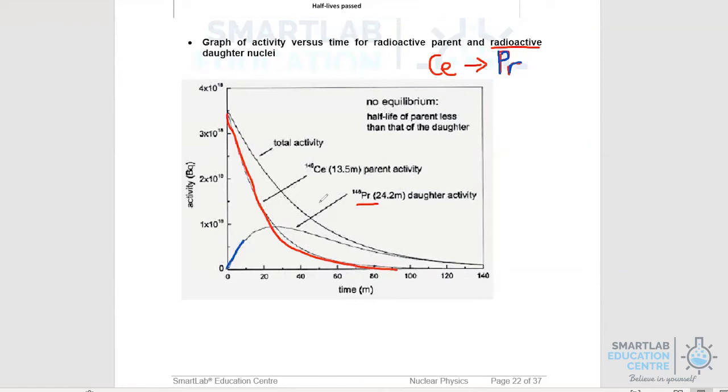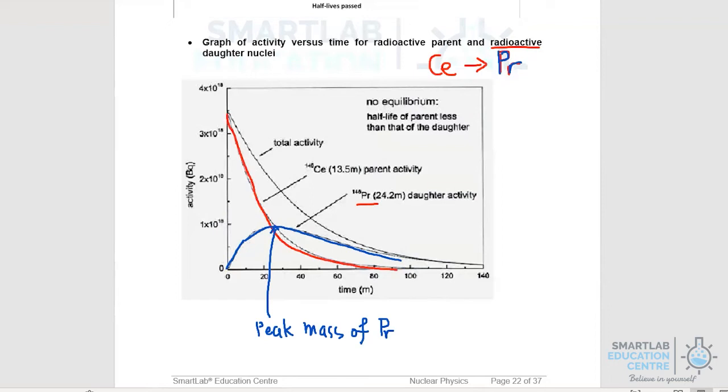They will also behave like parent nuclei, where they will disintegrate, and hence you will find that the activity recorded is such that initially the mass of the daughter nuclei increases, but subsequently, as the rate of disintegration of the daughter nuclei increases, the activity contributed by PR will start decreasing as the mass of the daughter nuclei decreases. Meaning to say that at this point here, this is when you get peak mass of PR during the period of its disintegration.